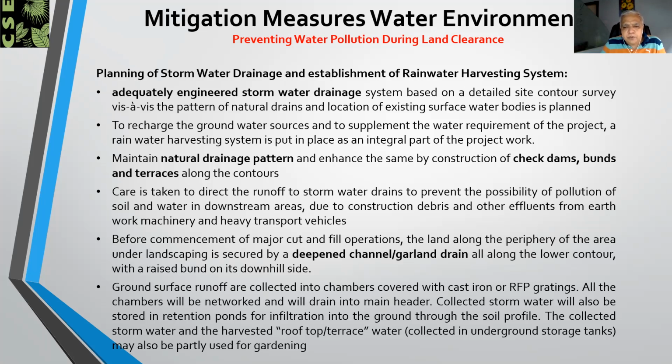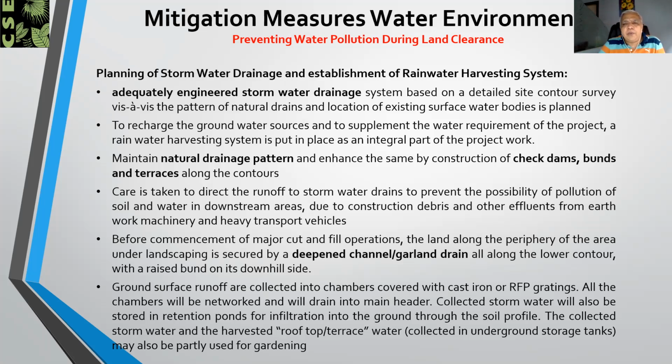We should study the contours and the drainage patterns, and identify the various micro watersheds in that particular site. Once the drainage pattern is identified, we can construct check dams, bunds or terraces.